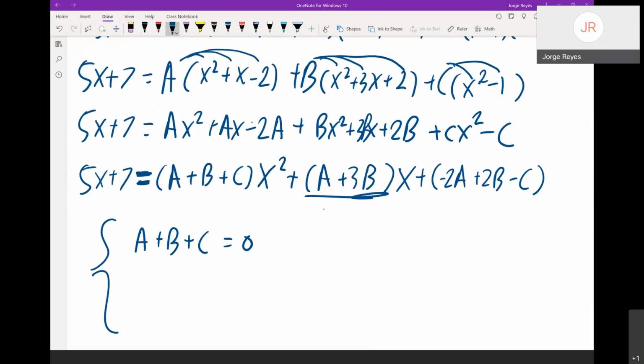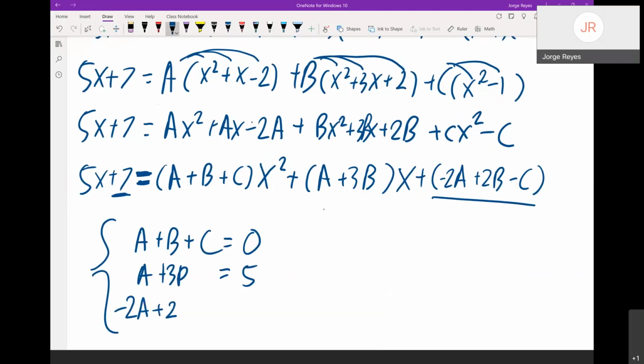If you compare the linear terms, you get a plus 3b equals 5. And if you compare the constant terms, you get negative 2a plus 2b minus c equals 7.